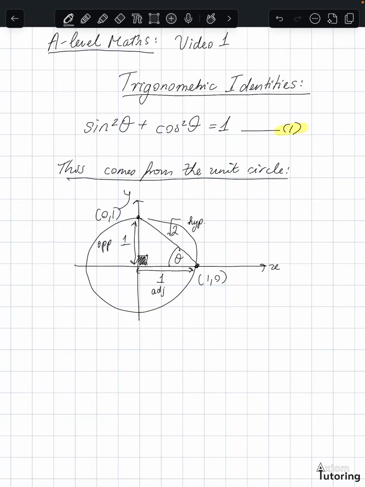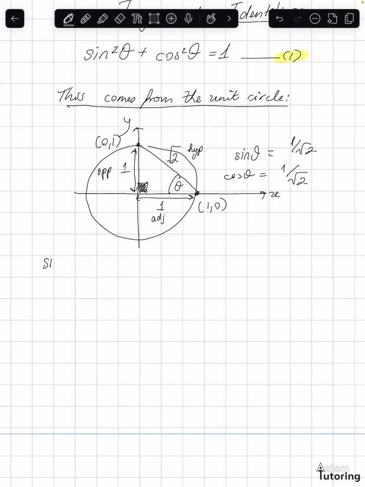So from there, we're going to define sine theta and cos theta. So sine theta, if you recall from GCSE, is the opposite over the hypotenuse, so that's going to be 1 over root 2. And cos theta is the adjacent over the hypotenuse, which here the adjacent is 1 over hypotenuse root 2.